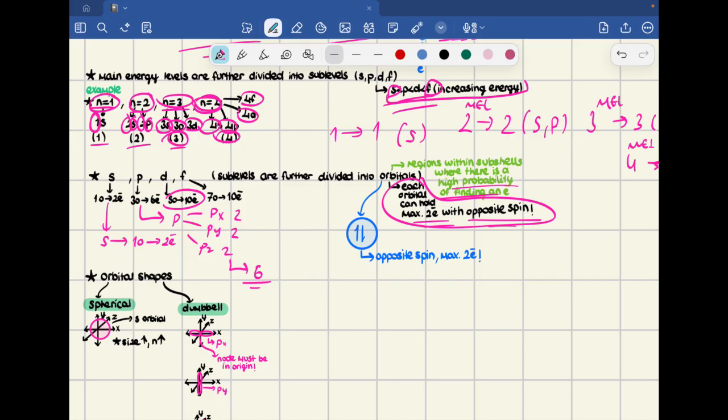It is similar with D. D has 5 orbitals inside it, and as each orbital holds a maximum of 2 electrons, the sublevel can hold a maximum of 10 electrons. For F, it has 7 orbitals, and when we multiply 7 by 2, we have 14 electrons, the maximum electron number. This is how we can show it in a diagram.